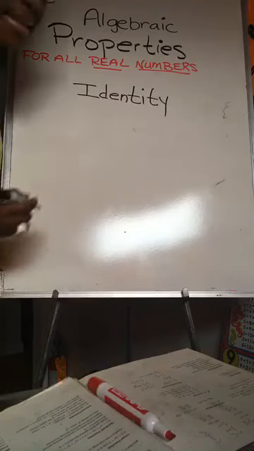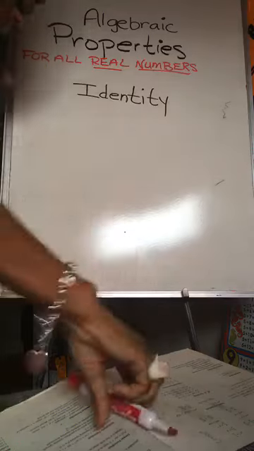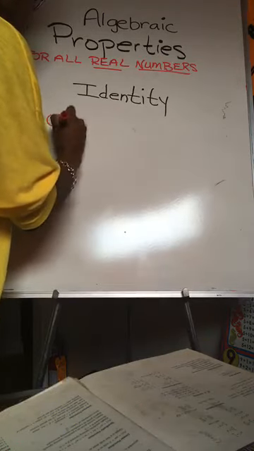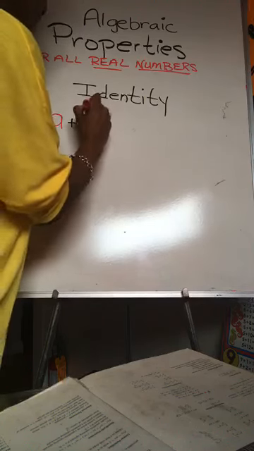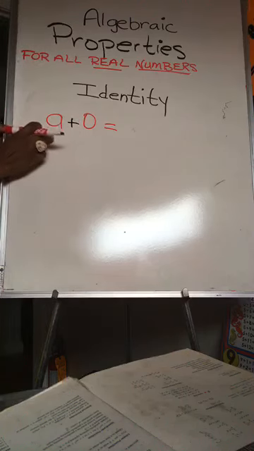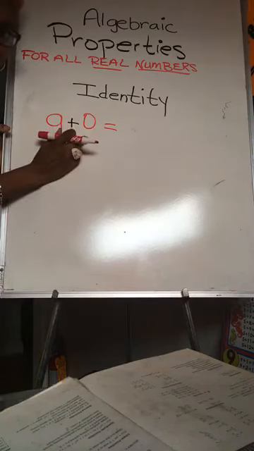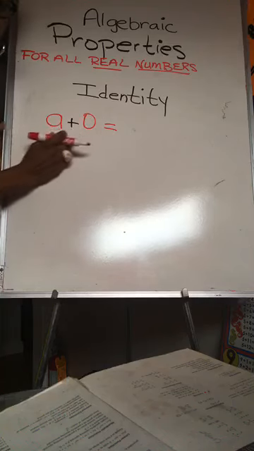Okay, so identity. Identity is when you have A plus 0 equals. Now you see you have a variable with a constant, or a number or a value. So A plus 0, A plus nothing.